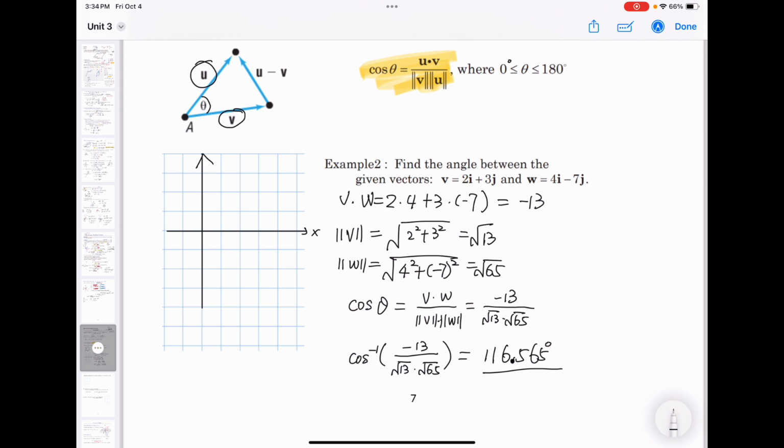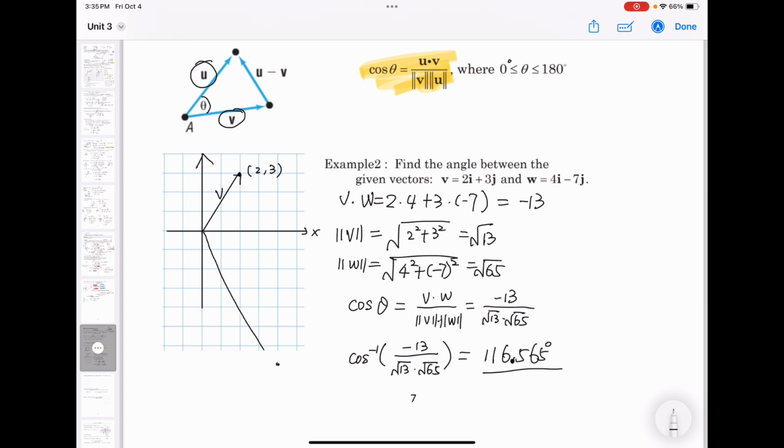Okay, so first let's find the v. V is 2, 3. So 2, 3, the terminal point also is 2, 3. So it's from initial to terminal is here. This is my v. And the w is 4, negative 7. 1, 2, 3, 4. And go down 7 units. 1, 2, 3, 4, 5, 6, 7. 7 is here.